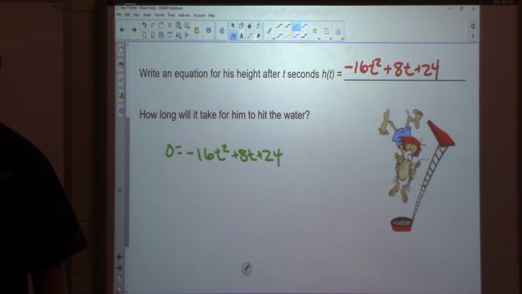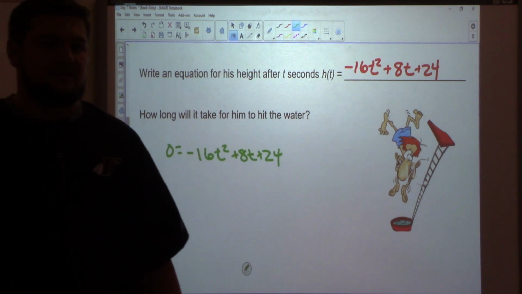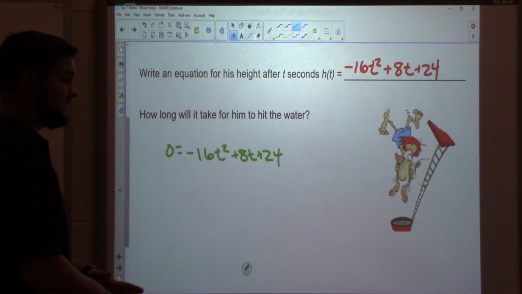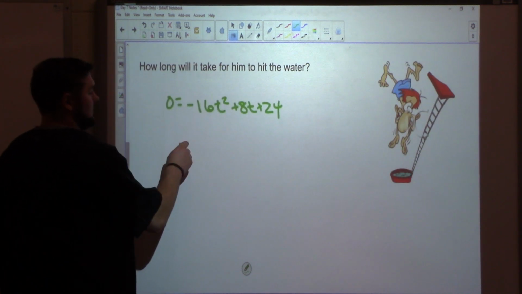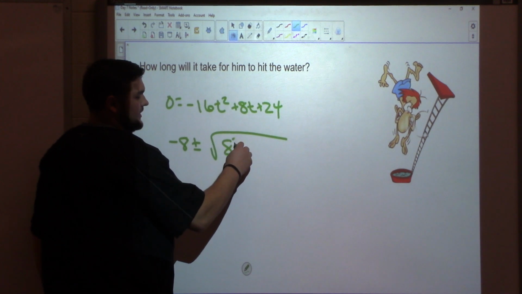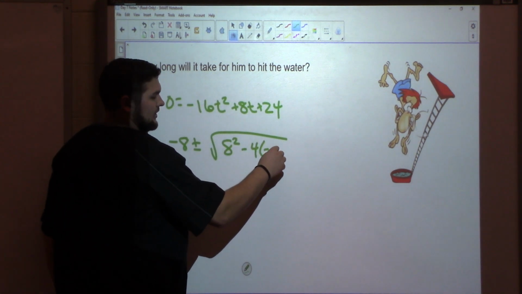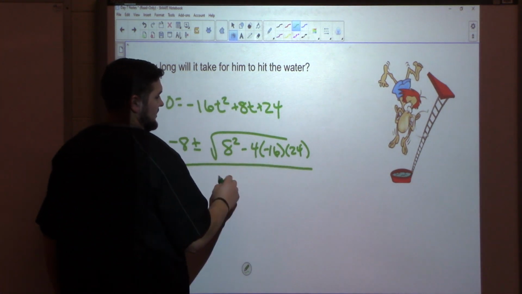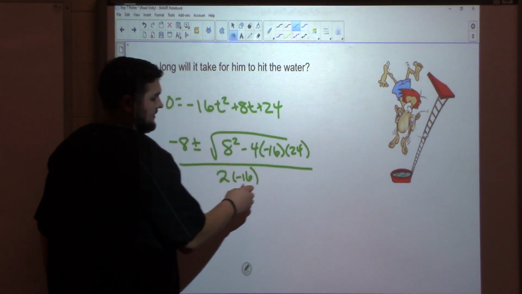How are you going to solve that? Quadratic formula, right? So, negative b plus or minus the square root of b squared minus 4ac, all over 2a.